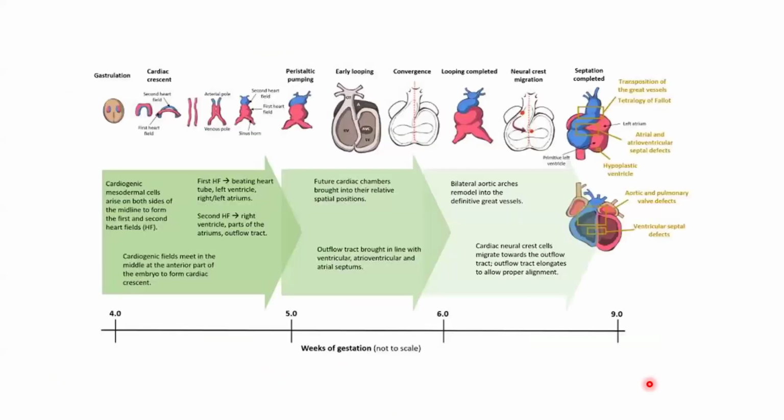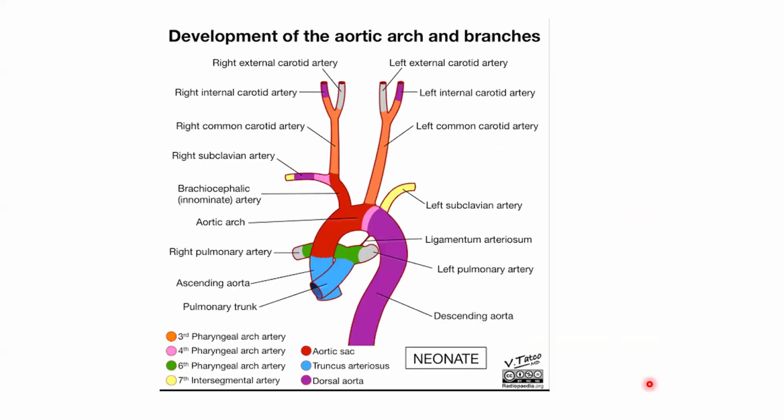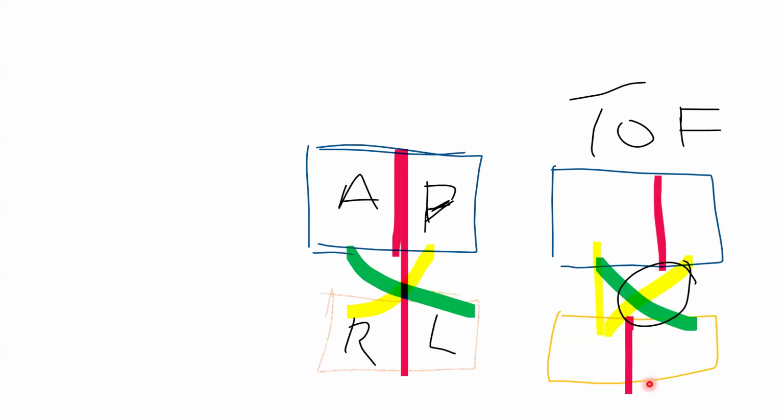I'll go to the septation of... I think yesterday I was using this to illustrate how the tetralogy of Fallot occurs. So I said that this is the truncus arteriosus, and this is the primitive ventricle.